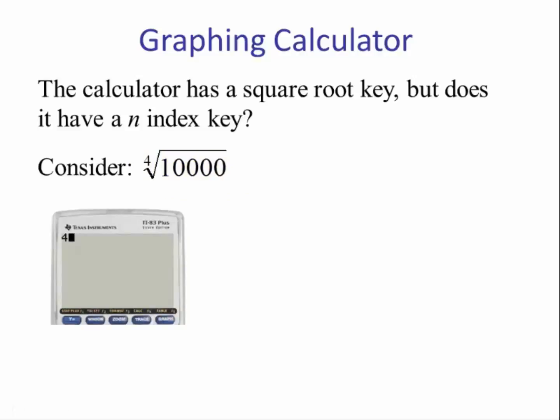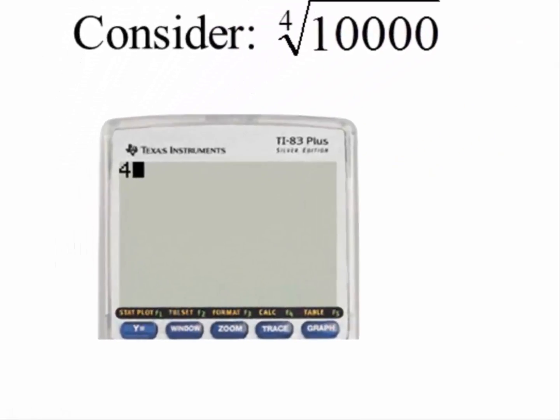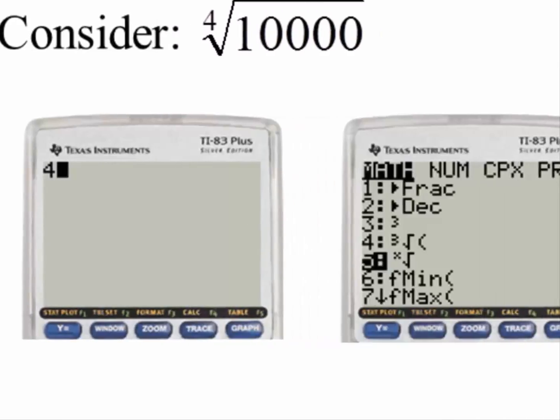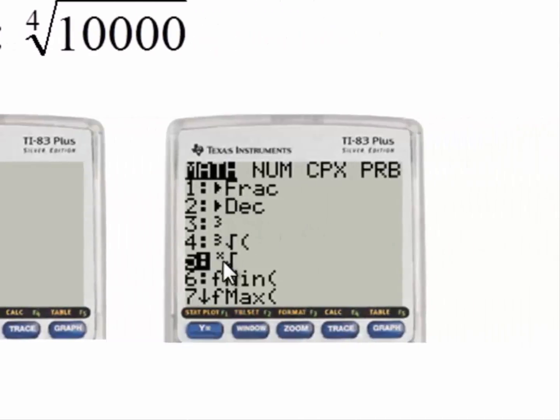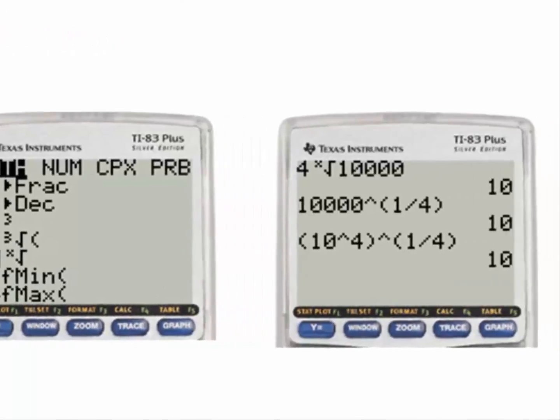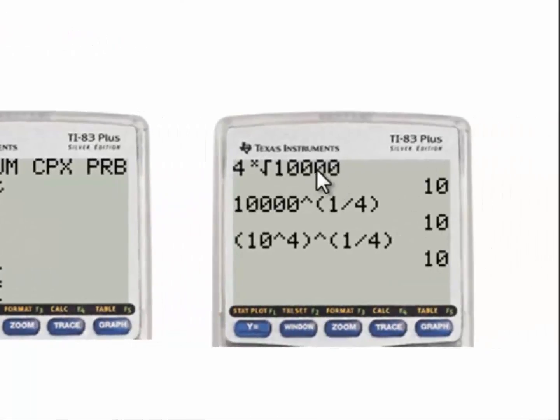First you put the index, in this case 4. Then hit the math key, go down to number 5, where it's this symbol, hit enter, and type in the radicand, which is 10,000. Hit enter, and you get back 10.